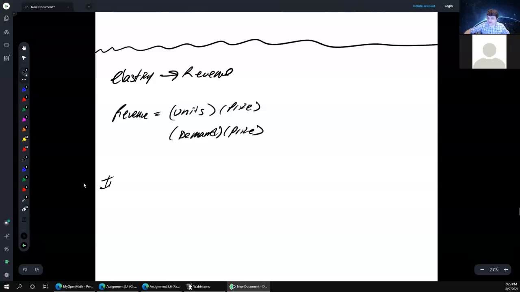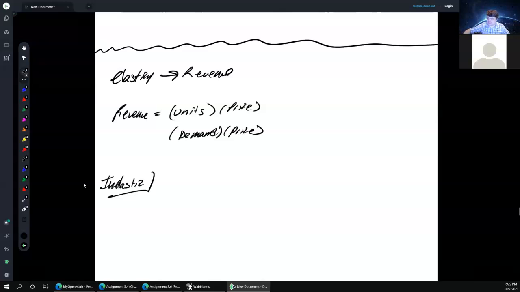So if we are inelastic, remember what that means is that whatever your change in price is will have a smaller change in demand.